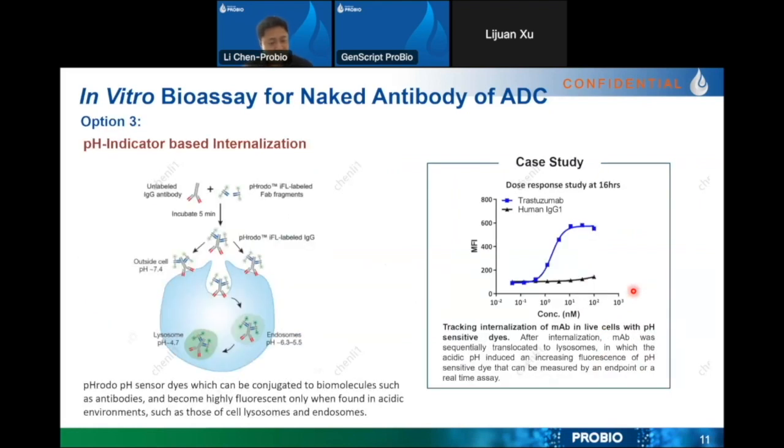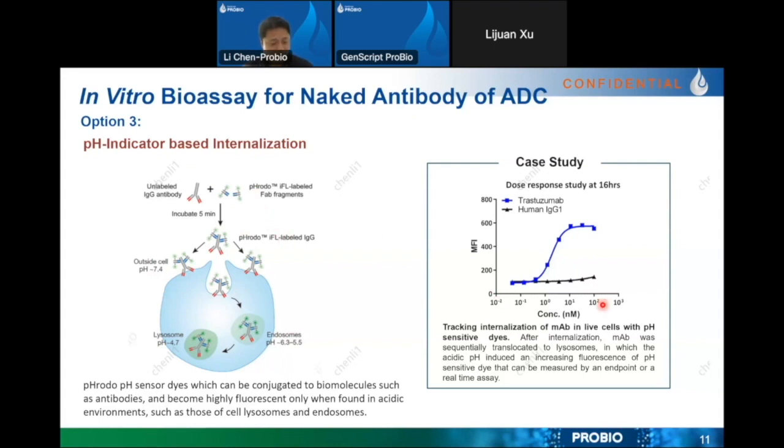The third option is the pH indicator. The detection mechanism is also based on the co-internalization of fluorescence signal along with the antibodies, kind of similar to the first option, the Incucyte. The pHrodo consists of an anti-Fc Fab fragment, this one, and a pH-sensitive dye which becomes highly fluorescent only in acidic environments, such as those of cell lysosomes and endosomes.